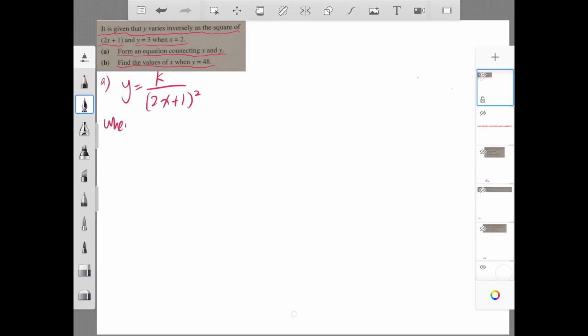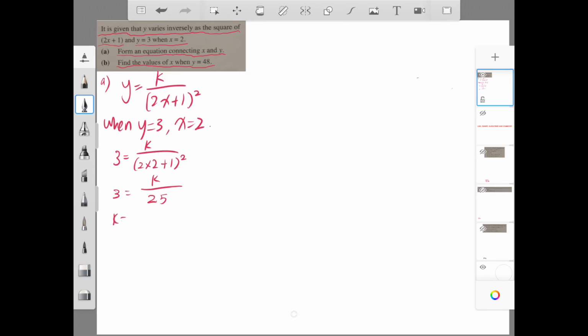So when y is equal to 3, x is equal to 2. This means that 3 is equal to k over (2 times 2 plus 1) square, right? So 3 is equal to k over, 2 times 2 is 4, 4 plus 1 is 5. So 5 square, which will give us 25.